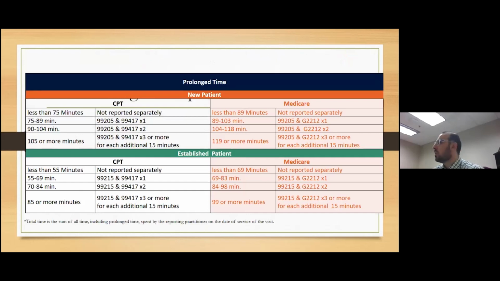And this is for the new patients, when to use the prolonged time visit. And like I said, if you're spending 90 minutes, you do level 5, and then the 99417 times 2. If there's more than that, you just repeat it for each 15 minutes. Same thing for Medicare patients or established patients. So make sure that you read it.